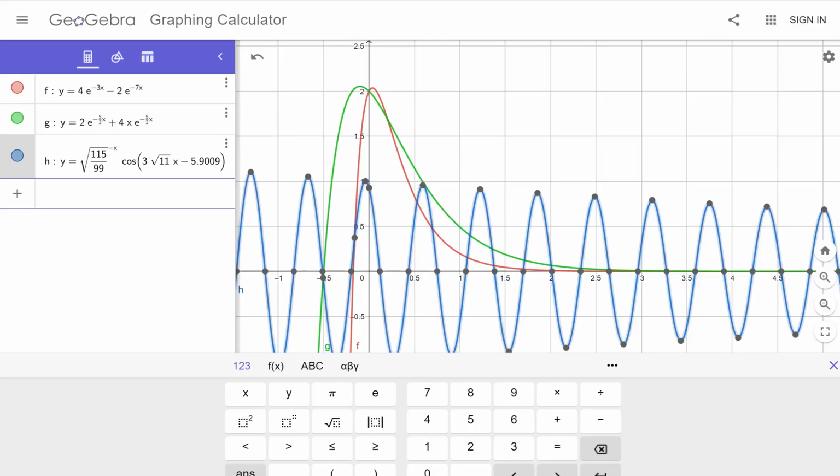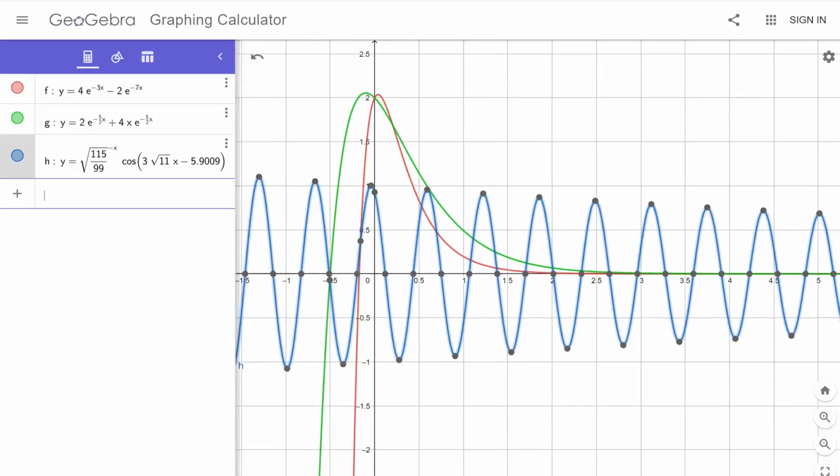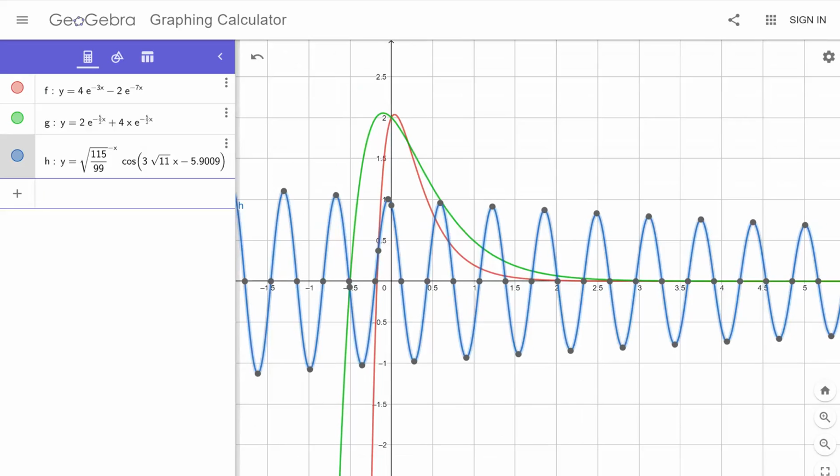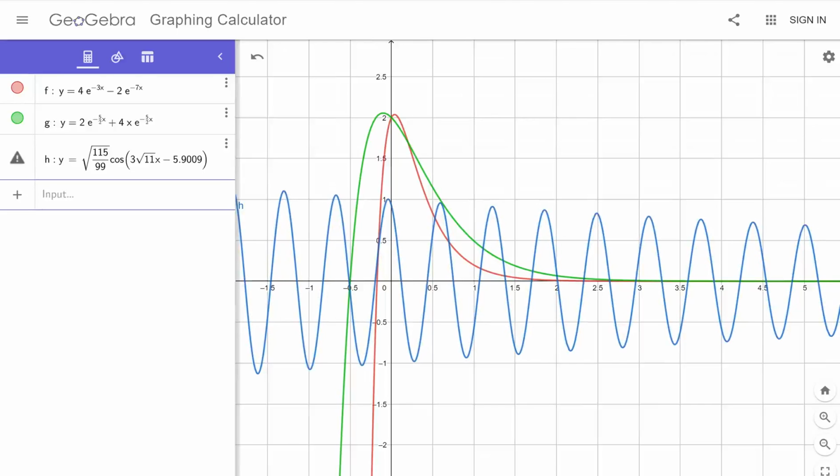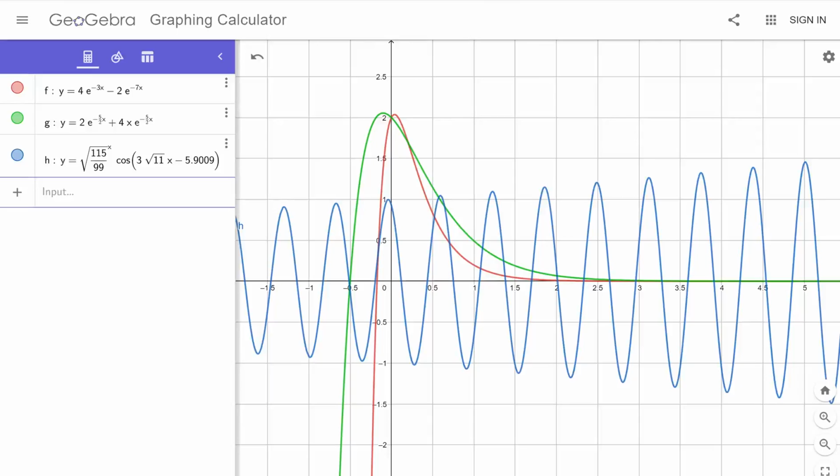Okay, so you can see what happened? Why is that? It's e to the negative x. Did I type something wrong?